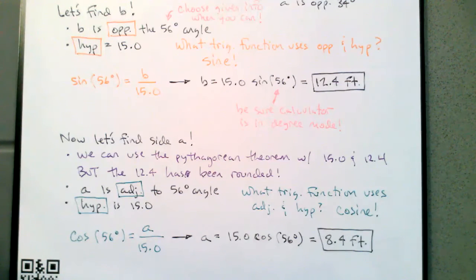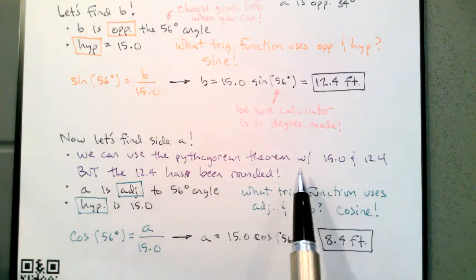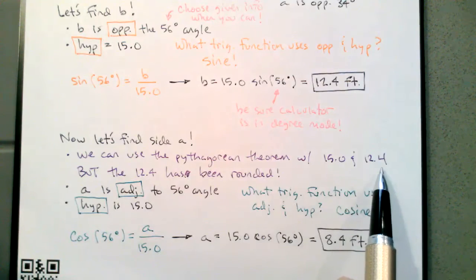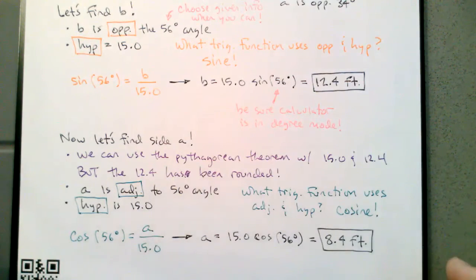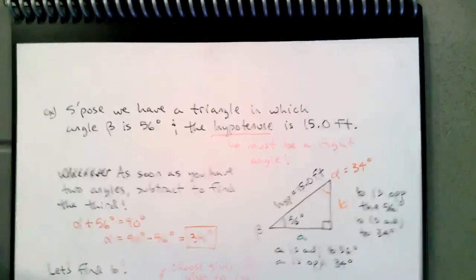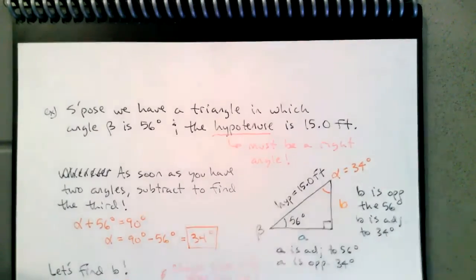There are a few things that we need to talk about. I know that the problem has been solved and we should move on to another one, but there are more things that we need to say. Let's go back to this part. We can use the Pythagorean theorem with the 15.0 and the 12.4, but the 12.4 has been rounded. So let's say, what about that rounding error?